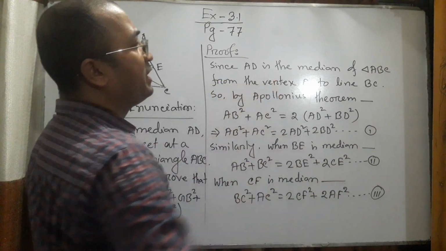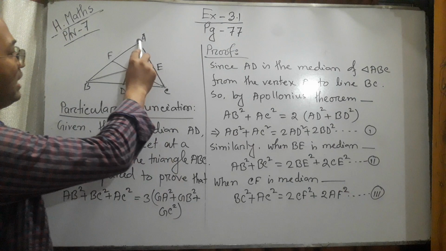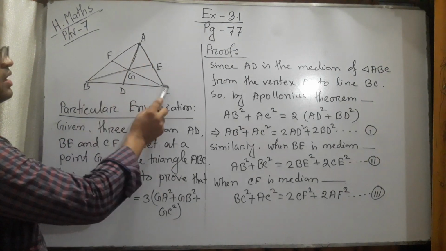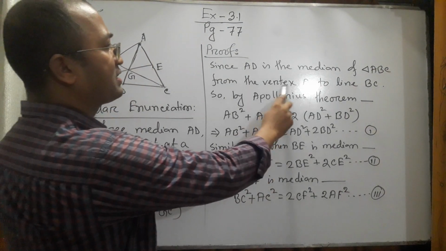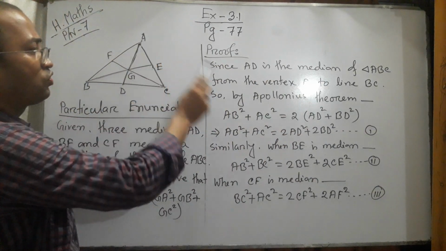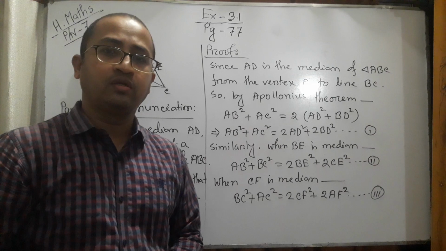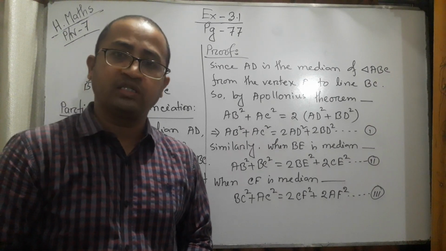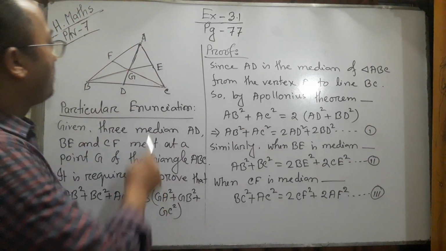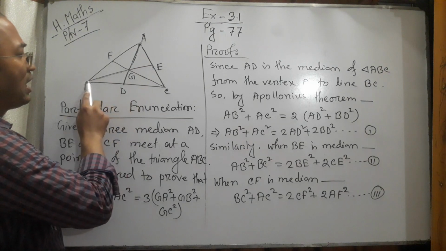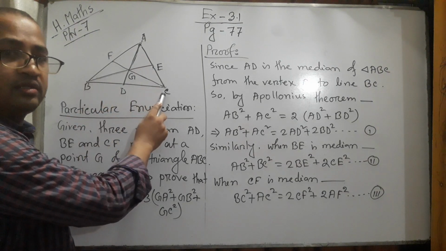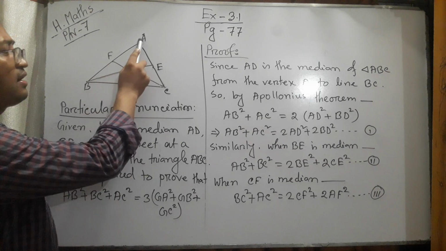Since AD is the median of the triangle ABC from the vertex A to the line BC, here we can apply the Apollonius theorem. Just now I have briefed what the Apollonius theorem is. Look, AD is the median to the line BC, so the other two sides are AB and AC.